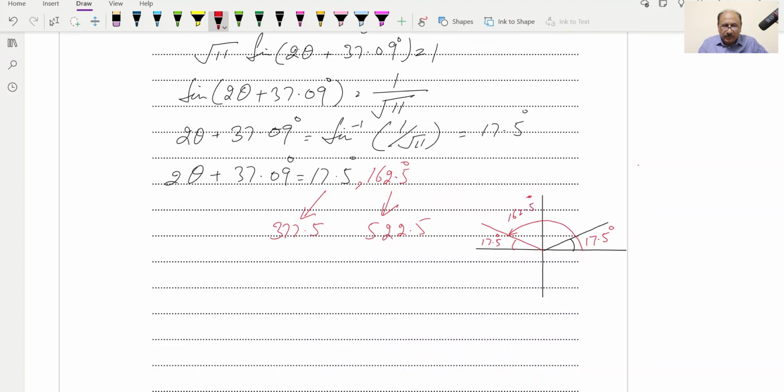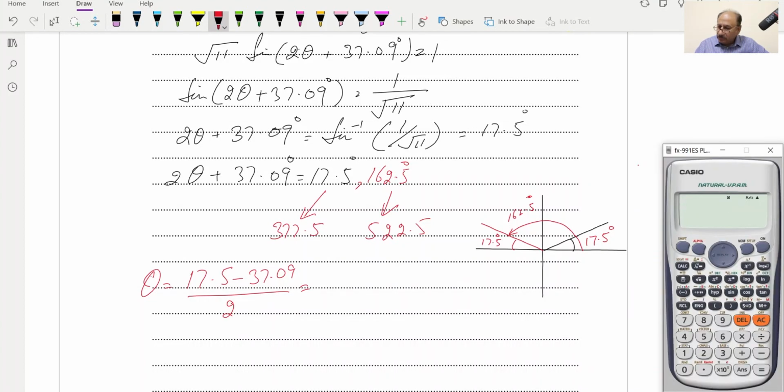For this one, 2 theta plus 37.09 will be equal to 17.5, so theta will be equal to 17.5 minus 37.09, divided by 2, and this will be equal to minus 9.7, or we can write minus 9.8.